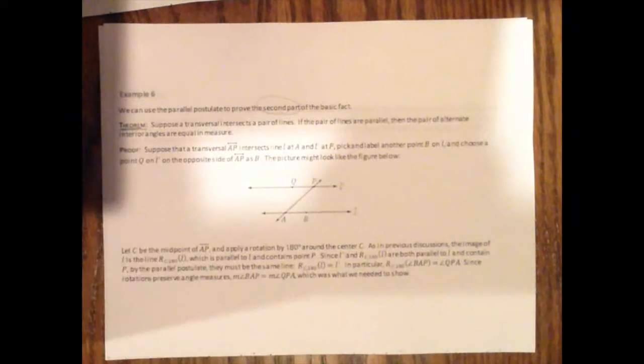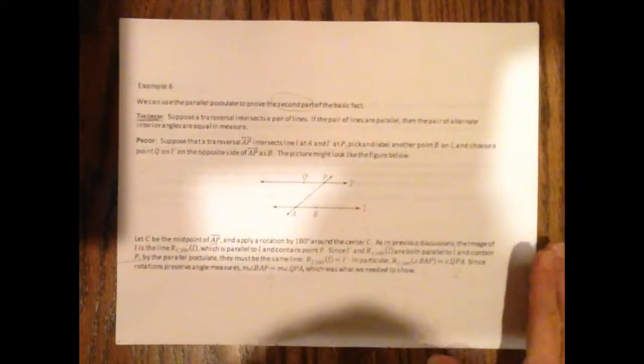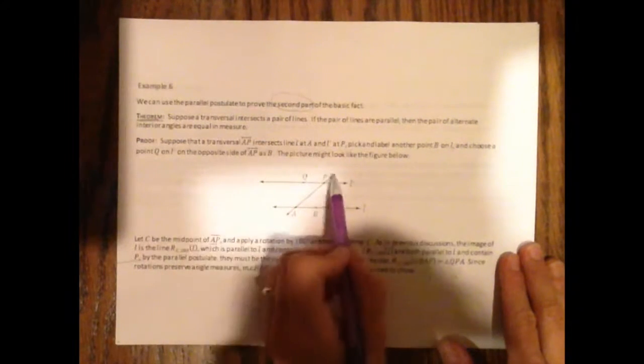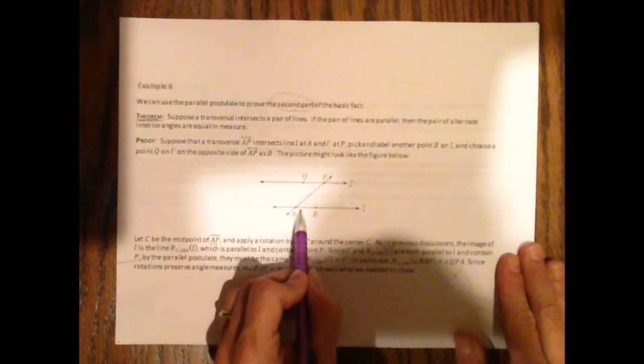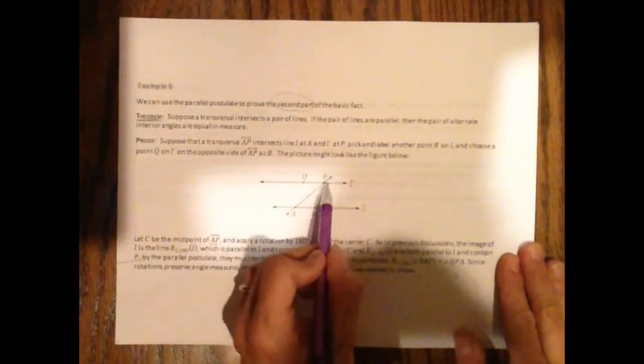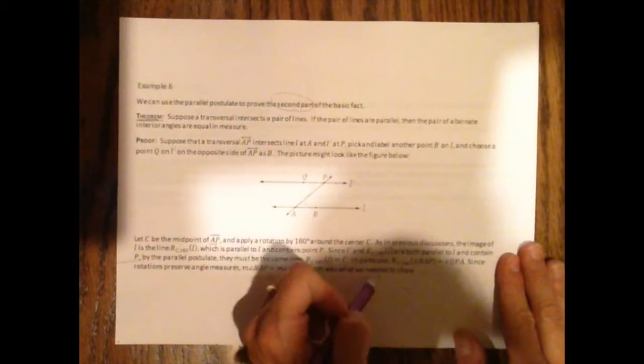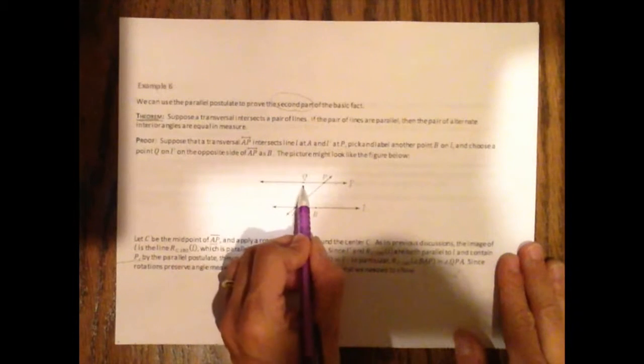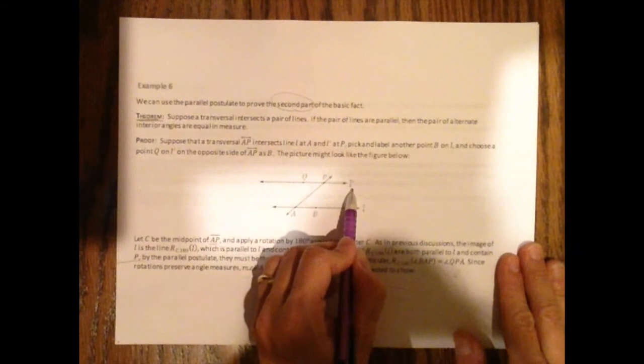So the theorem is, suppose a transversal intersects a pair of lines. If the pair of lines are parallel, then the pair of alternate interior angles are equal in measure. All right, proof. Suppose that a transversal AP intersects line L at A and L prime at P. Pick and label another point B on line L and choose a point Q on line L prime on the opposite side of AP.